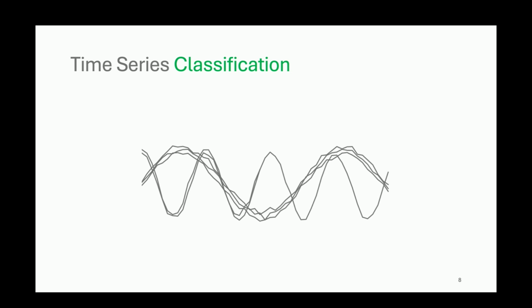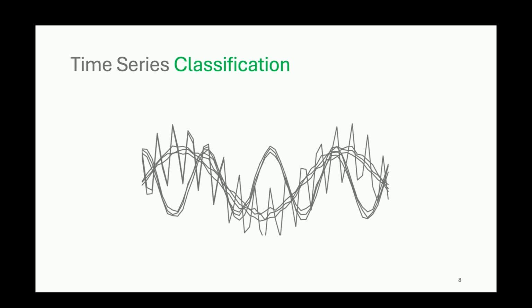Next part is time series classification. In the previous slide, we saw time series forecasting, but time series classification is similar, though a little bit different in some ways. In this case, we don't want to predict the future instances of historical data, but we want to group historical time series data into, let's say, different clusters or different groups.